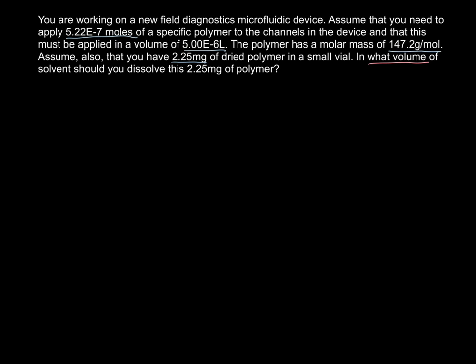I like to start by diagramming what's going on here. Say we have our device, this little box here, and it has a volume of 5 times 10 to the negative 6 liters, and to this device we need to add 5.22 times 10 to the negative 7th moles of our polymer.